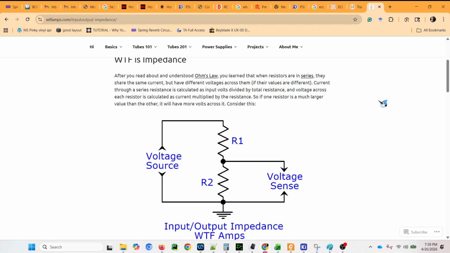Okay, we could think of our circuits. All of our circuits is pretty much we have a signal, and that signal is going to go through a circuit that's going to provide some sort of resistance to ground. So that resistance that our circuit presents to ground on its output is called output impedance.